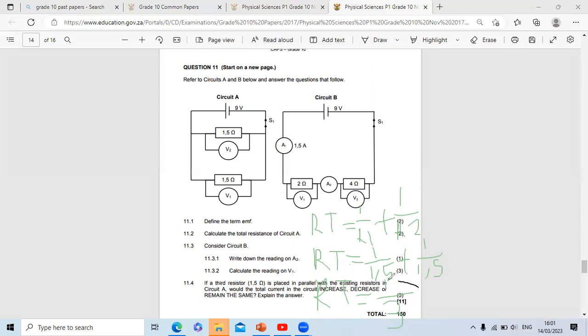So if you look here, you said RT is equal to 1 over 3. Basically here you should have also included your 1 over RT, because it's in parallel.